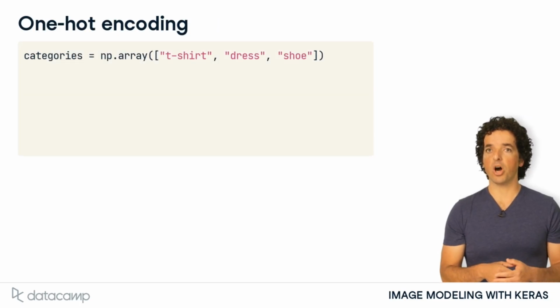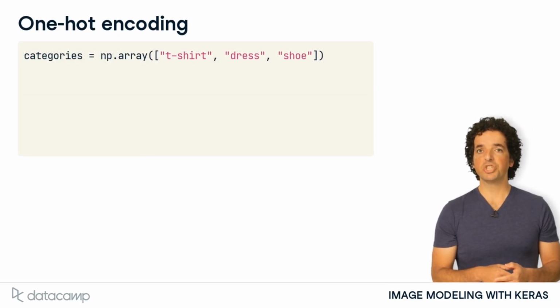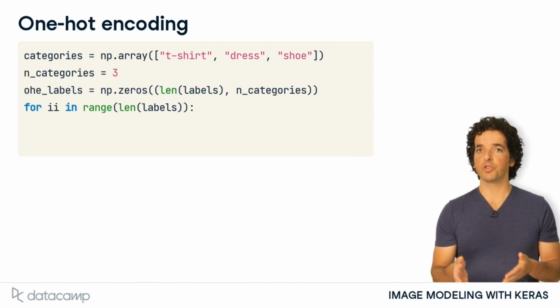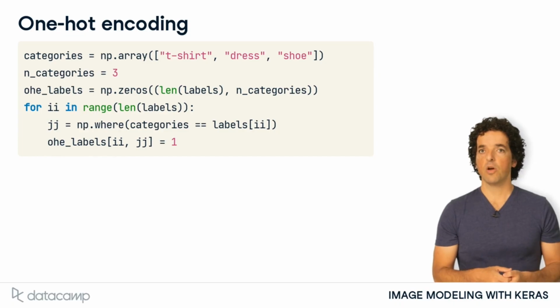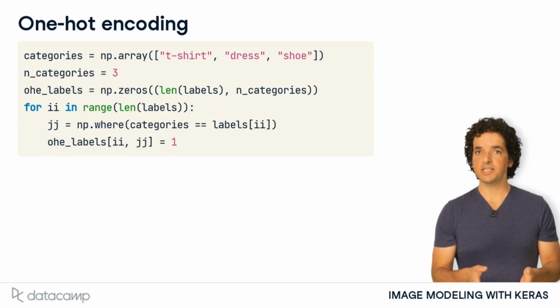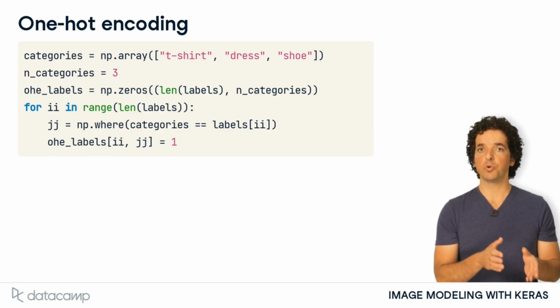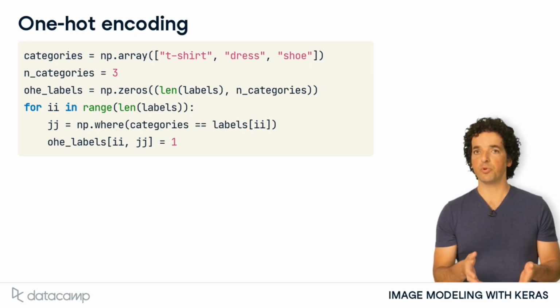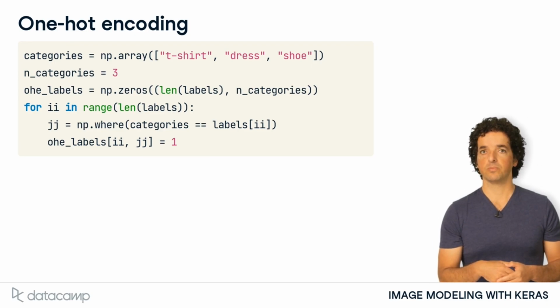To generate a one-hot encoding of these samples, we generate an array of categories. We initialize an array of zeros, and then we iterate over the list of labels. For each sample, we find the index into the categories array that corresponds to the current sample. We set the item in the corresponding row and column to 1, and continue on to the next label until we have iterated over all labels.